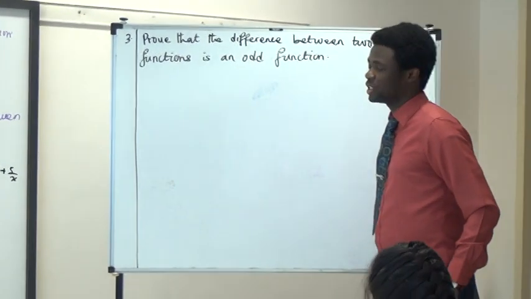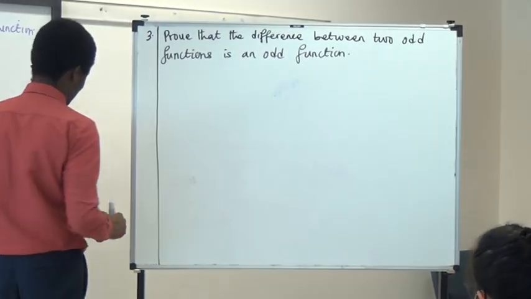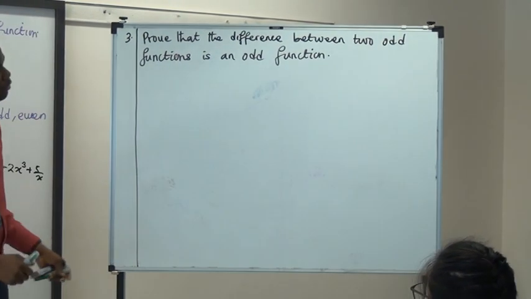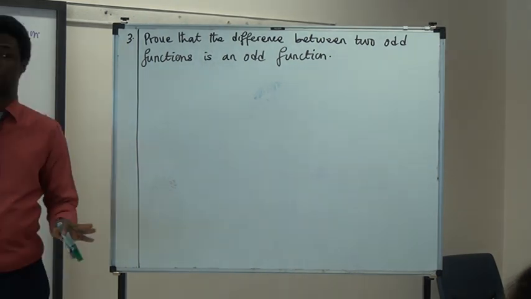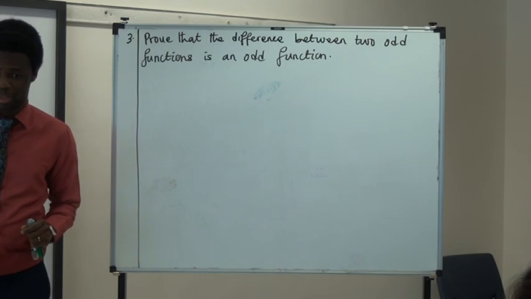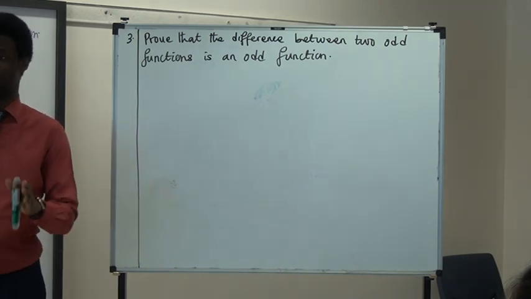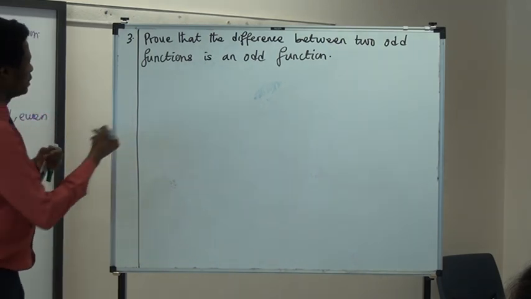If you have not done this in general case, please look at the screen right now. Prove that the difference between two odd functions is an odd function. This time around, nothing is given about f or g. That is where you come in. Let those functions be f and g.